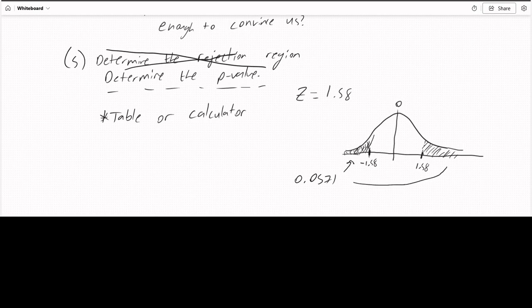And then we multiply it by 2 to get both sides for a two-tailed t-test. So 2 times this value is, let's consult our handy-dandy calculator.